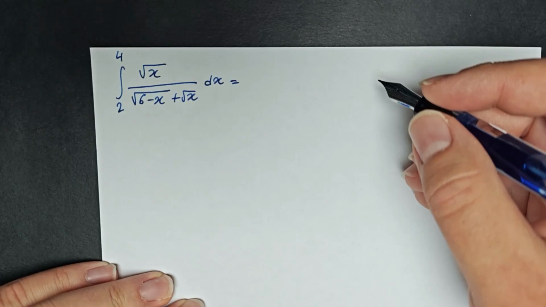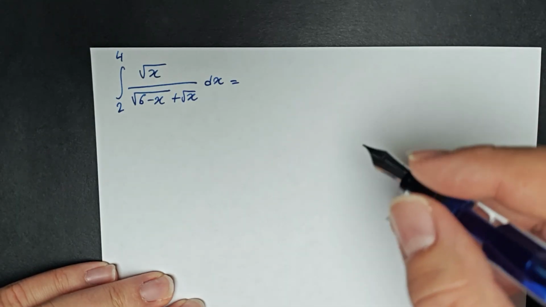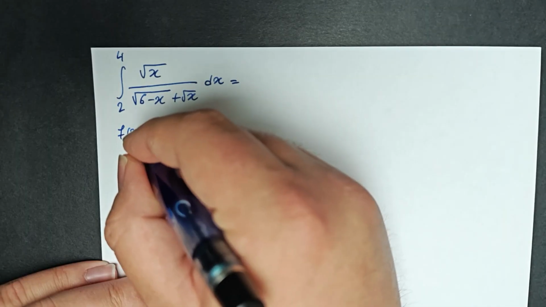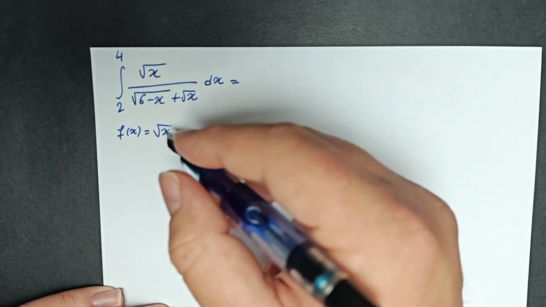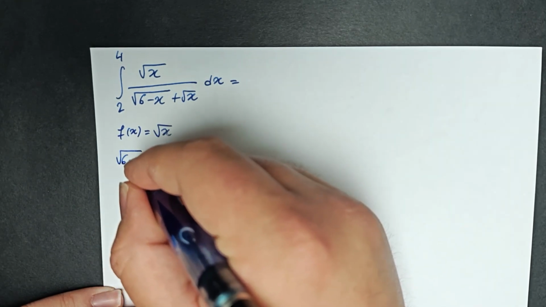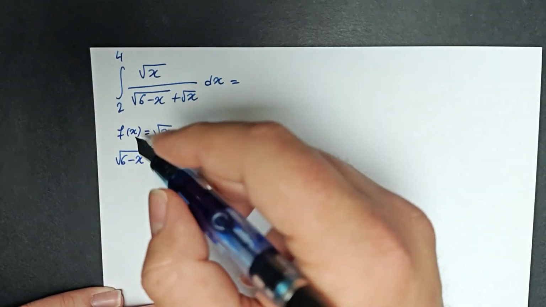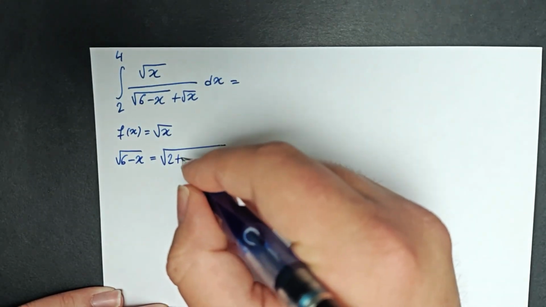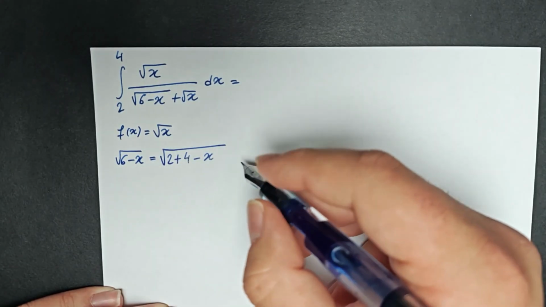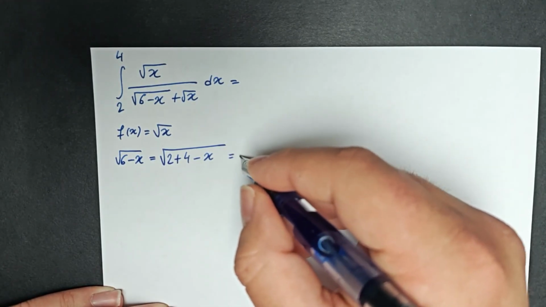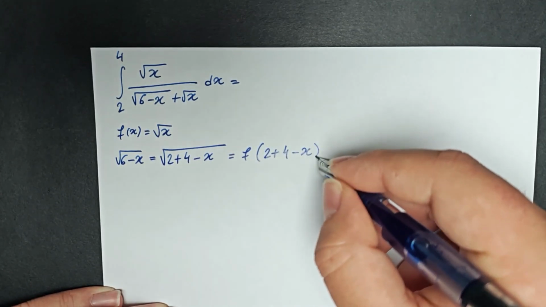Let's use this formula to solve the first integral on our list. We are going to take that f of x is equal to the square root of x. The part of the square root of 6 minus x we can write as a square root from 2 plus 4 minus x, as 2 plus 4 is equal to 6. And if you look closely, this is f of 2 plus 4 minus x.